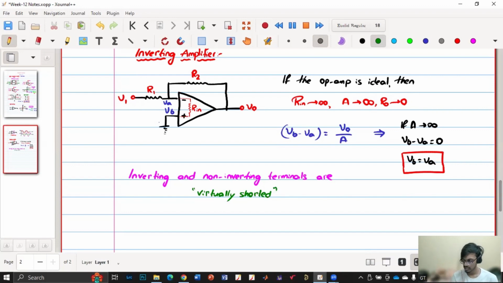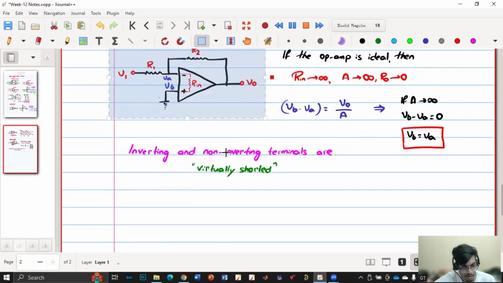So if it is virtually shorted, now let me draw this circuit again and we'll get back into the discussion.